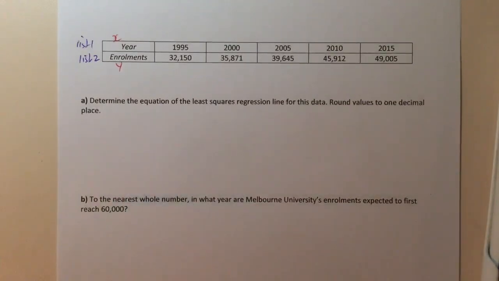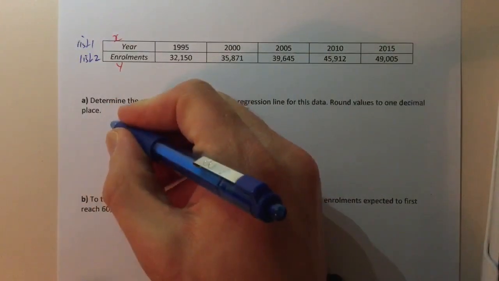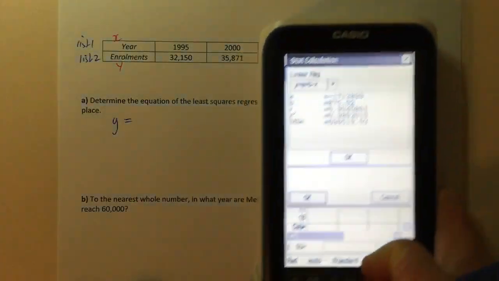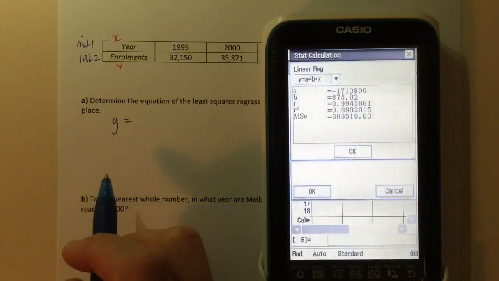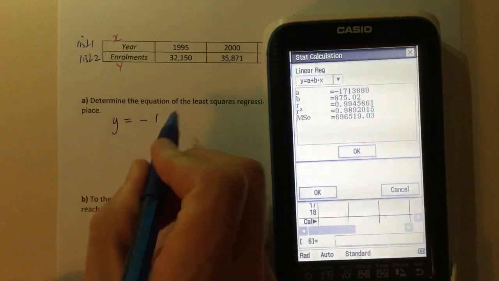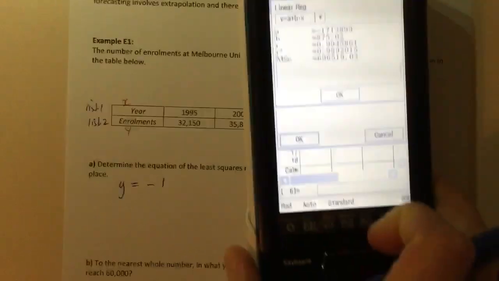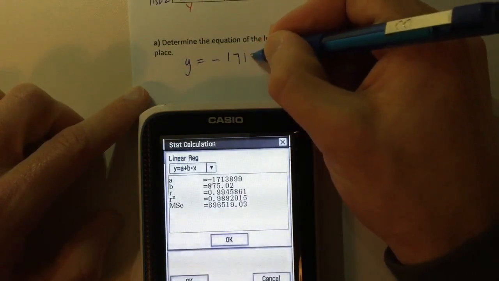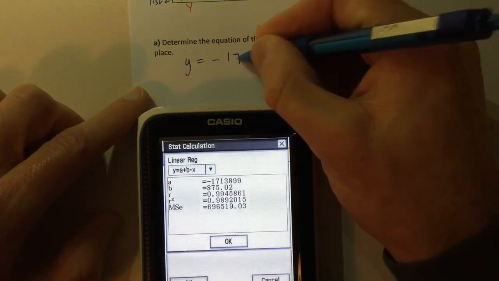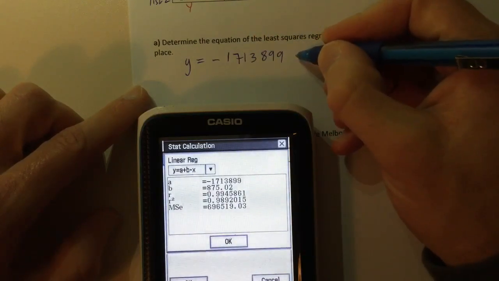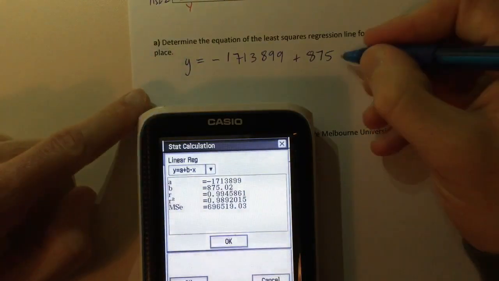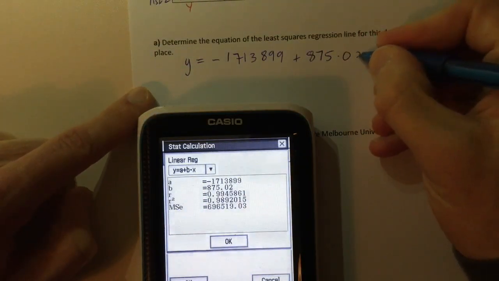So the least squares regression equation, in terms of just y and x, was y equals a, and a was -1713899, plus b, so plus 875. Now it's 0.02, but the question said to 1 decimal place, so it's actually 0.0 times x.